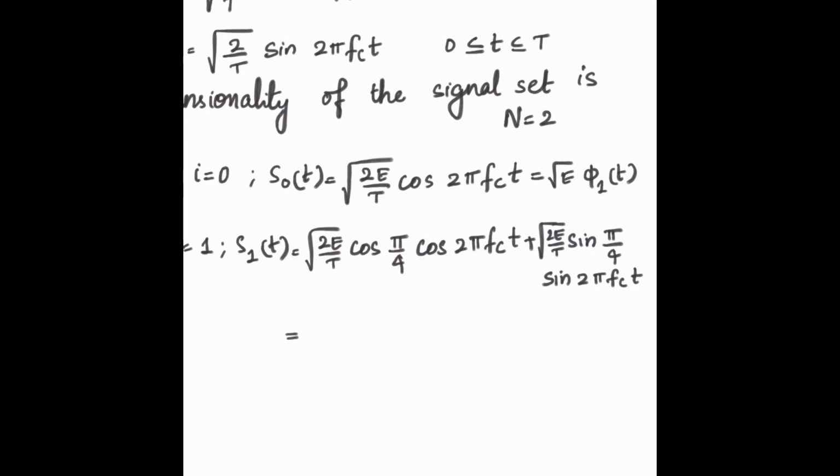Again comparing with the basis functions, this can be written as root of E by 2 into phi1 of t plus root of E by 2 into phi2 of t.